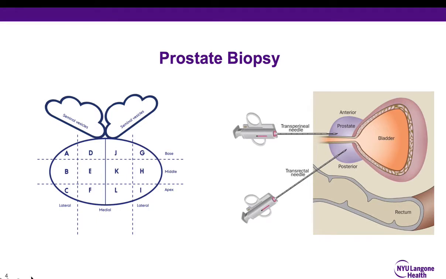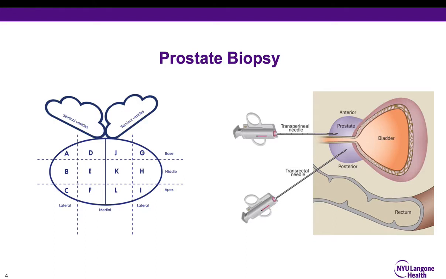A needle gun is then placed through the probe in order to obtain samples of the prostate. In this cartoon representation, or this map, you can see that the prostate is divided into quadrants, and then samples are obtained from each quadrant.